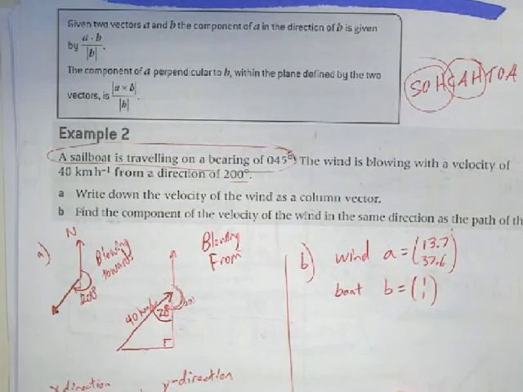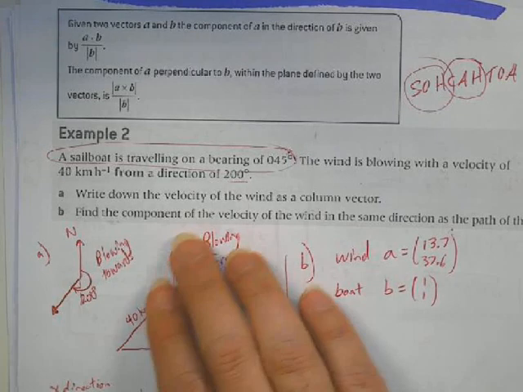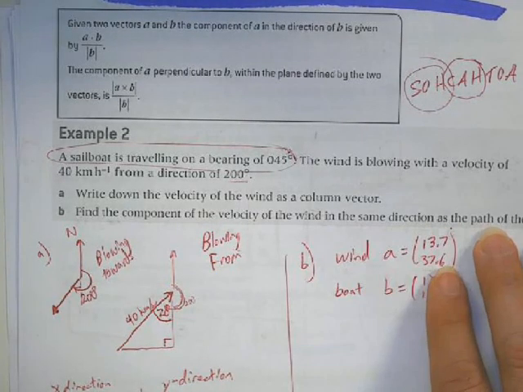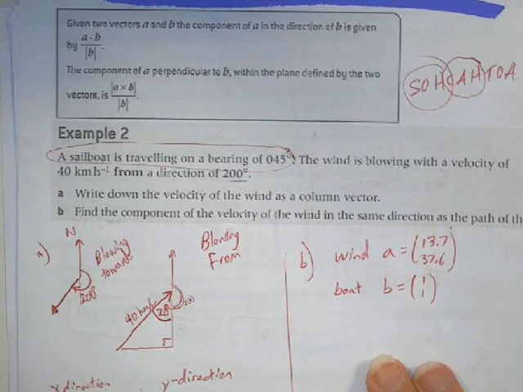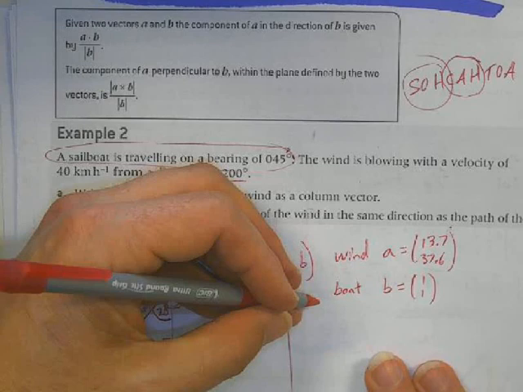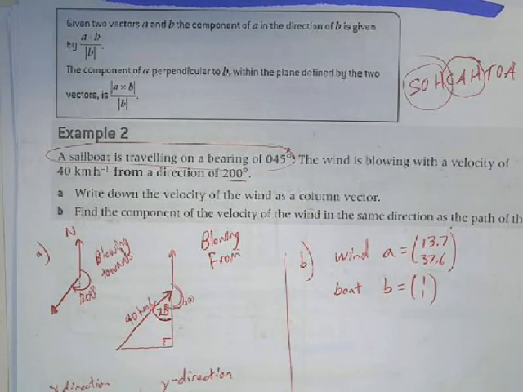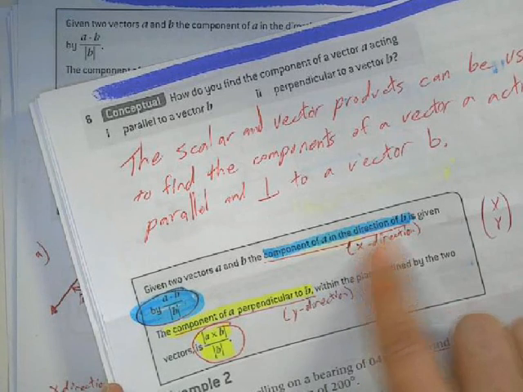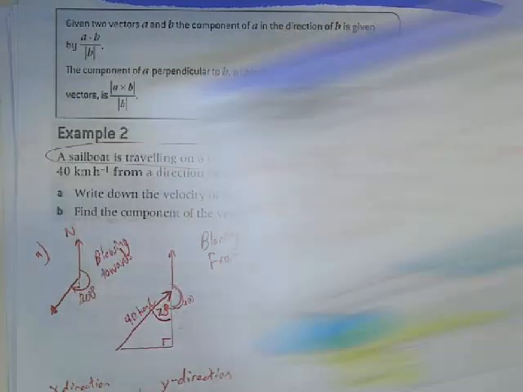Okay, so we want to find the component of the velocity of the wind in the same direction as the boat. So if it's in the same direction of the boat, it's not perpendicular. If it's in the same direction, I'm going to be using the dot product.